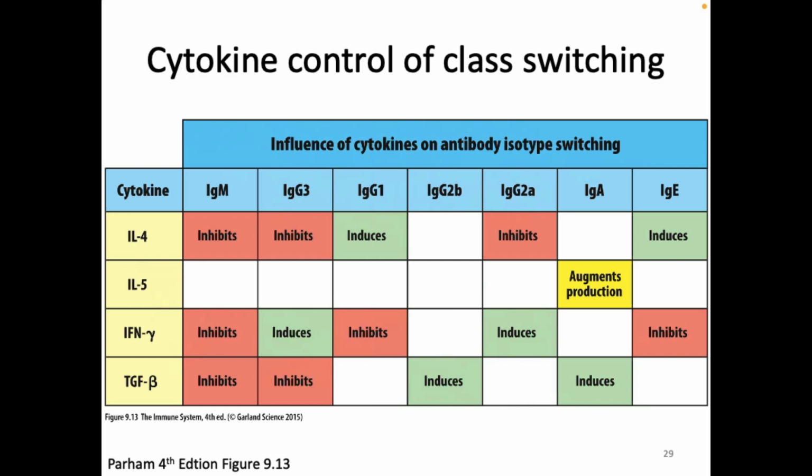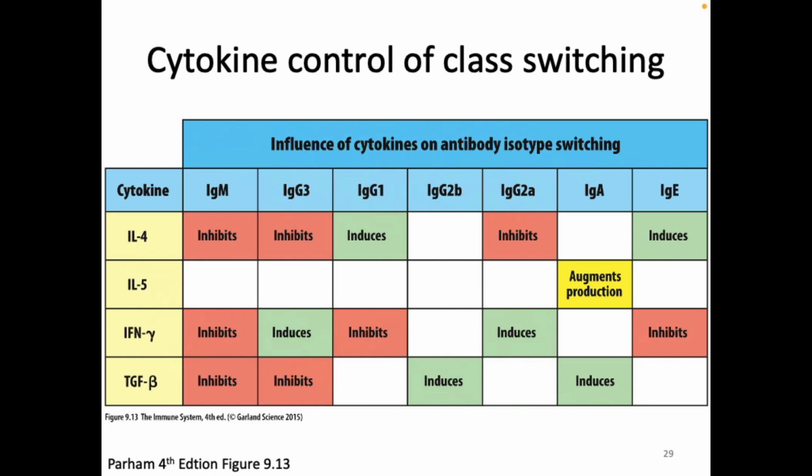So not only are we changing how various cells are working that you can see here, we're also going to be impacting the B cells and changing which type of antibodies are being made, because we're going to make the antibodies that are most useful for any particular situation.